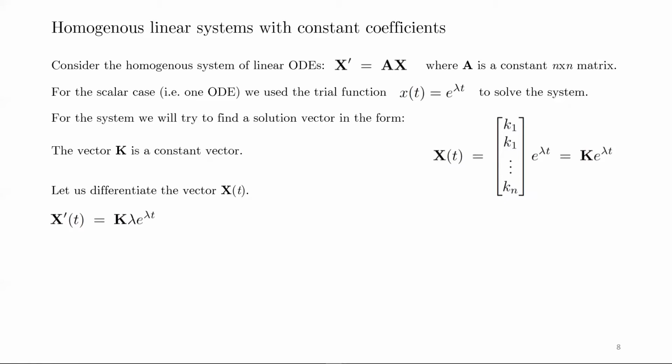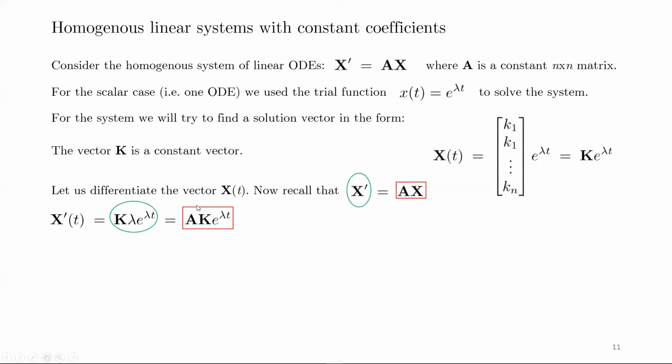But we also know from the ODE that x prime, the derivative of x, is equal to this matrix A times the vector of dependent variables x. Now x I'm going to write as k times e to the lambda t, because that is my trial function for x.